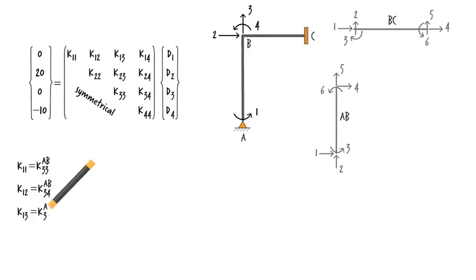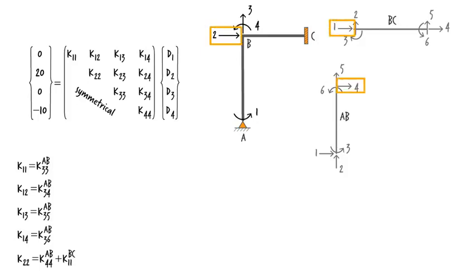K13 is the same as K35 of AB. K14 is K36 of AB. K22 of the system is the same as K44 of AB plus K11 of BC. And so on.